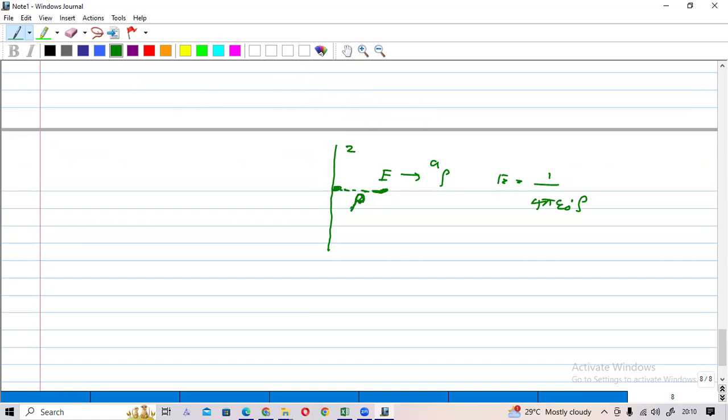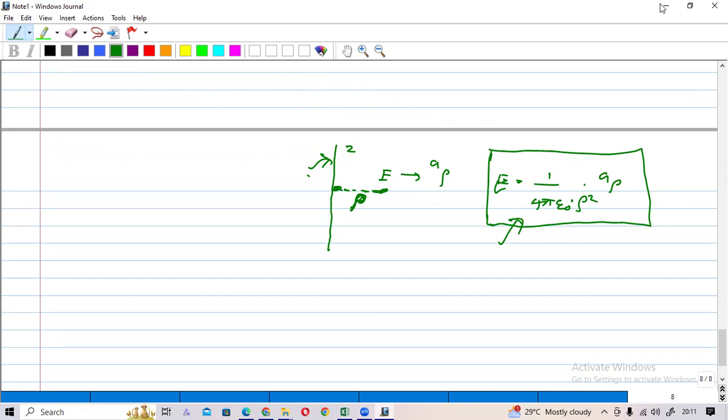This is that length rho into a rho, so this should be rho squared, no? So this is the E field generated by a line charge at any point. It is in cylindrical coordinates. Don't forget this is in cylindrical coordinates.